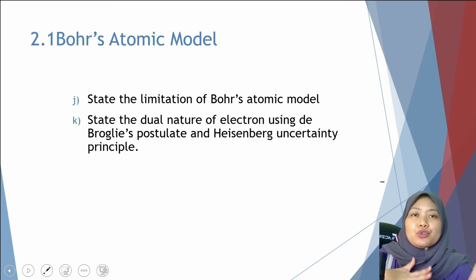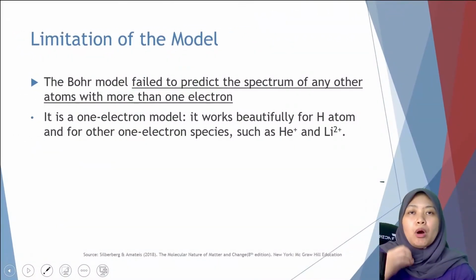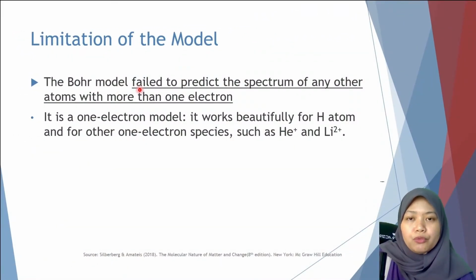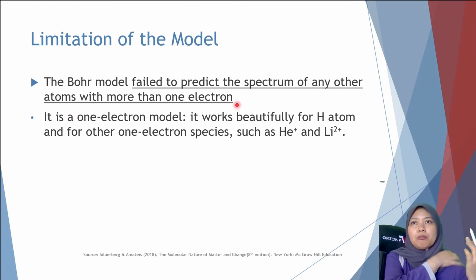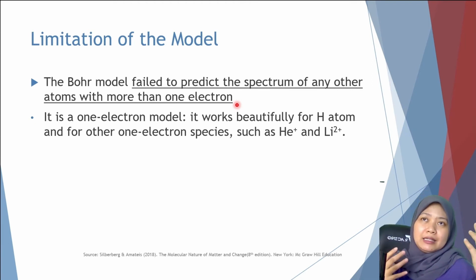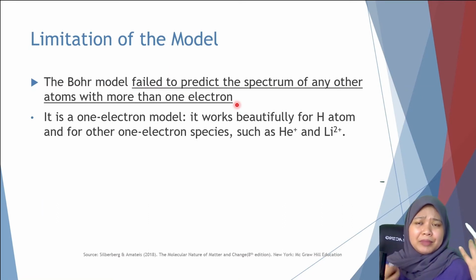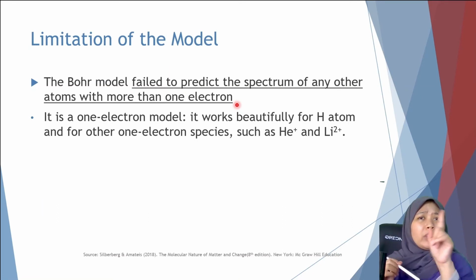But his postulate actually has a limitation, which is that Bohr's atomic model fails to predict the spectrum of any other atom with more than 1 electron. The 3 postulates that Bohr came out with are only applicable if that atom or element has only 1 electron.